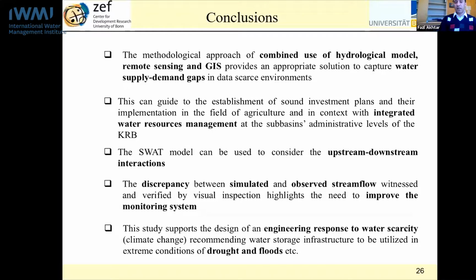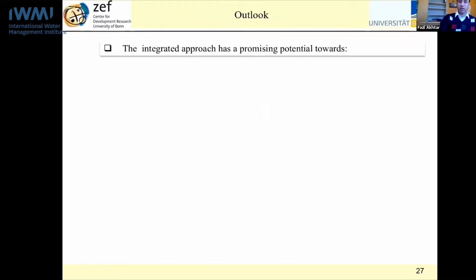So we need decentralized storage systems or dams or reservoirs, which could be utilized for crop production during the peak food demand period. So we have to think about it. We could discuss it further in order to mitigate the ill impacts of floods and maybe droughts in different periods.